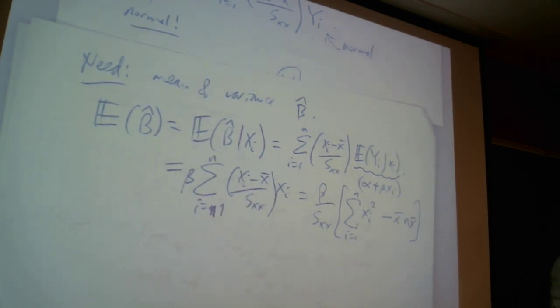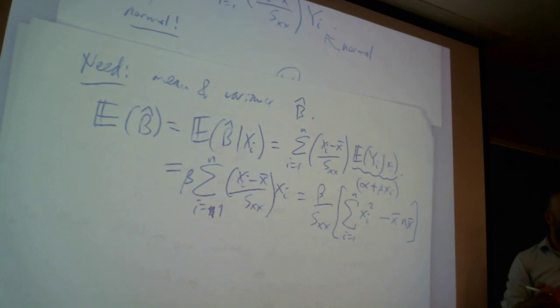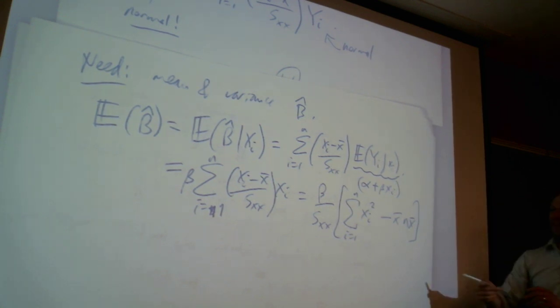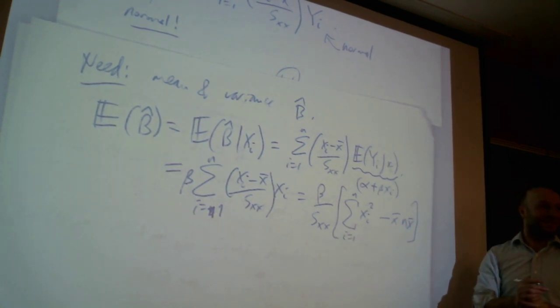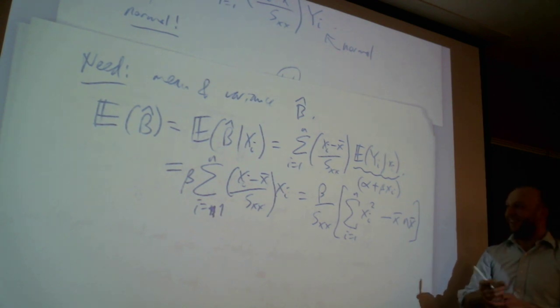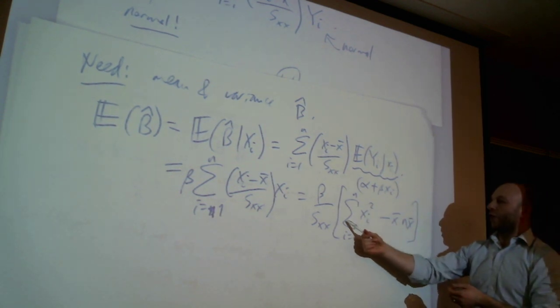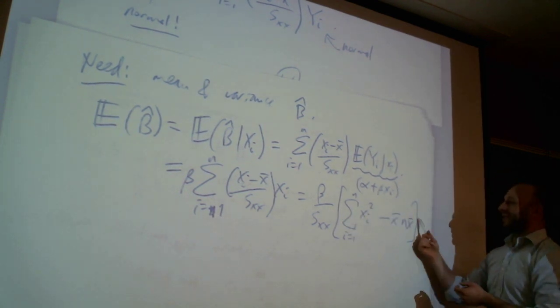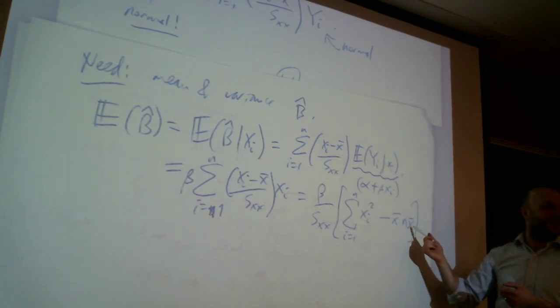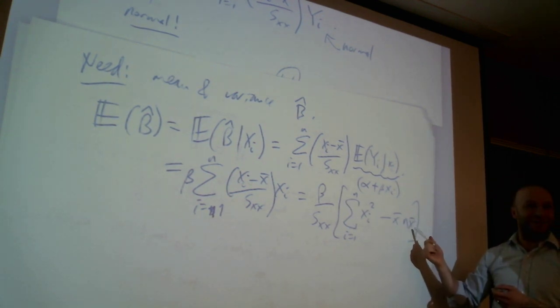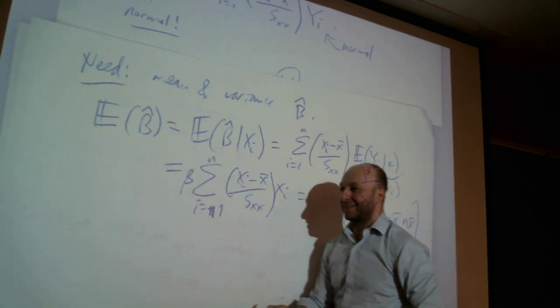Okay? Is everybody happy with this so far? What's SXX? Dylan? Second term, same thing. This whole second term, yes. This whole thing was literally what SXX came out to be when we did our computation before.